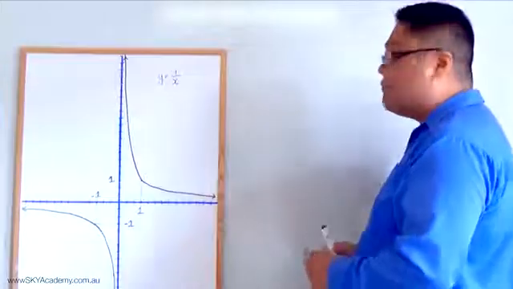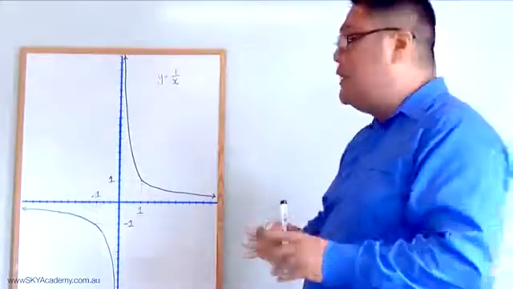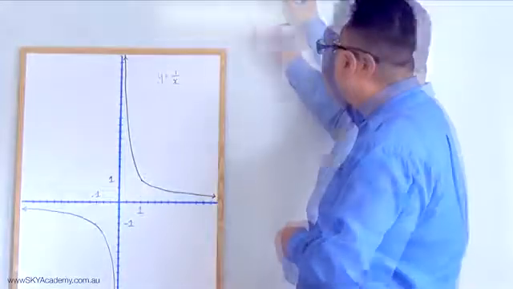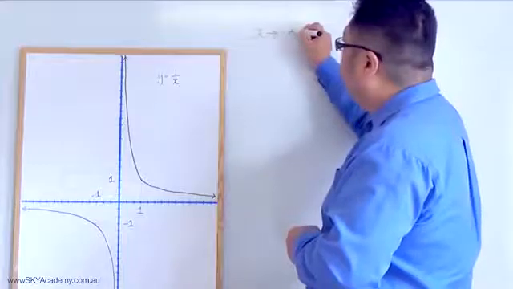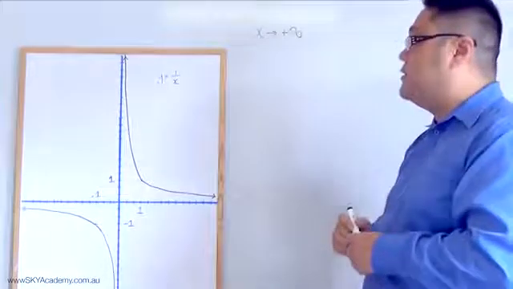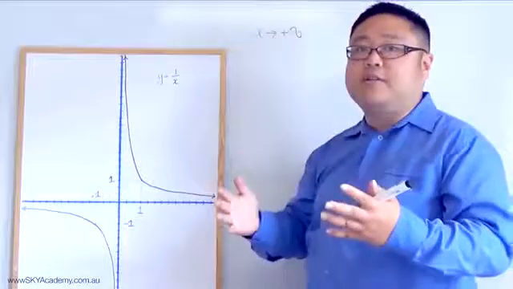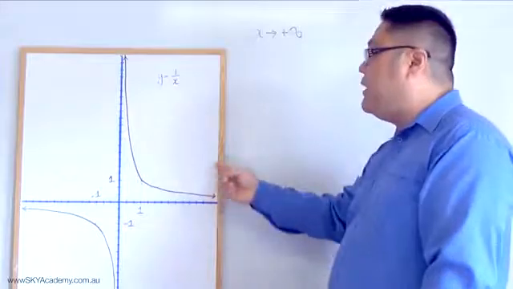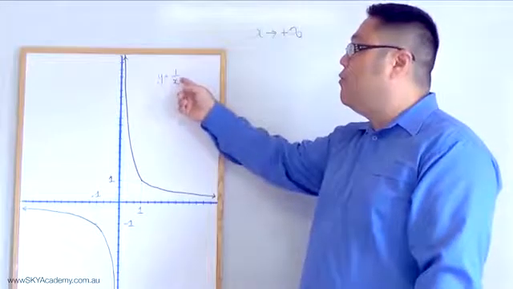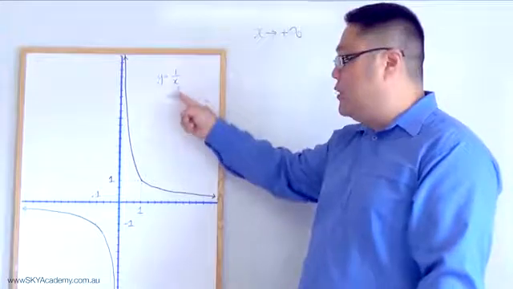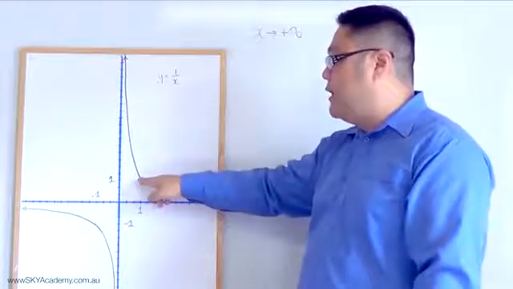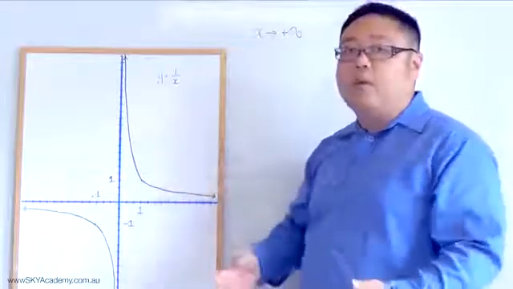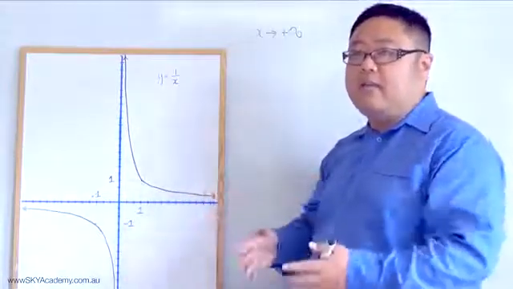Now, with this particular graph, we're going to look at what happens when x approaches positive infinity, or as x approaches an infinitely large number. As x gets bigger and bigger, what's happening to y? You get 1 over 1, which is 1, 1 over 2, which is a half, 1 over 4, which is a quarter, 1 over 8, which is an eighth, 1 over 1,000.